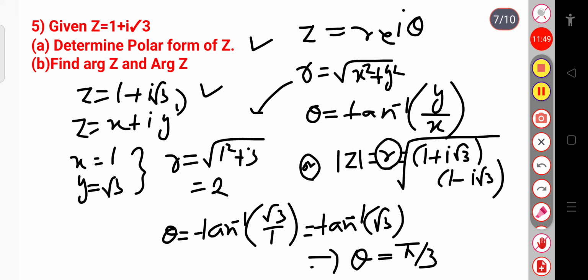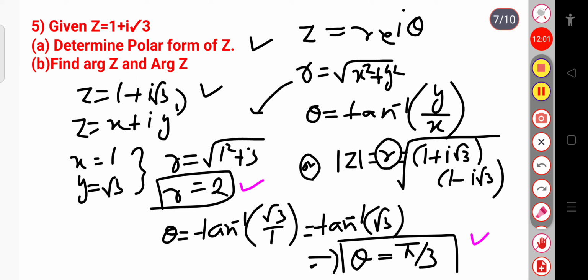Now, we have calculated r value, that is 2, and theta value is pi by 3. We have to just put the value of r and theta in this equation, that is z equal to r exponential iota theta. Hence, z equal to r is 2 exponential iota, in place of theta I have to put pi by 3.